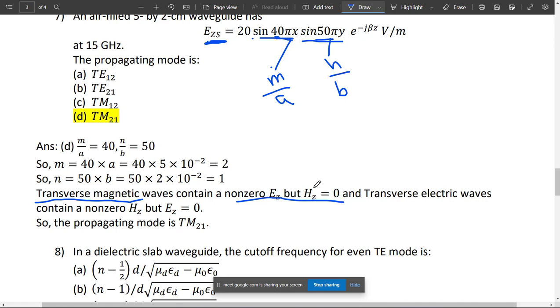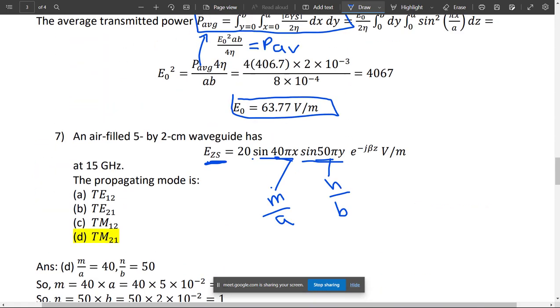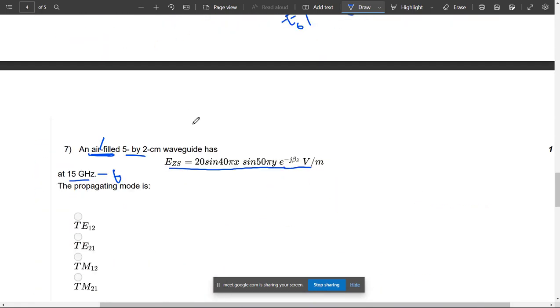Can someone tell me, if it's a transverse electric wave, then what will be the value of the component of E in the Z direction, and of H in the Z direction?